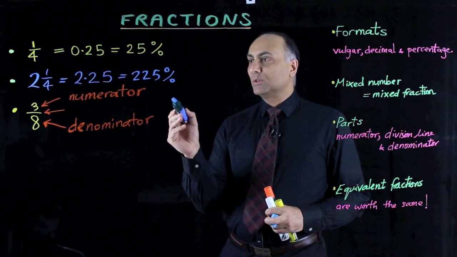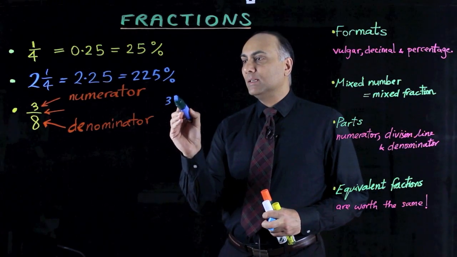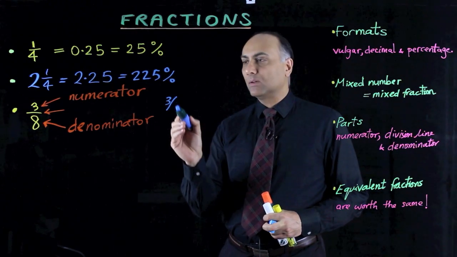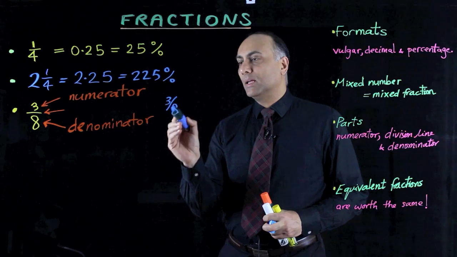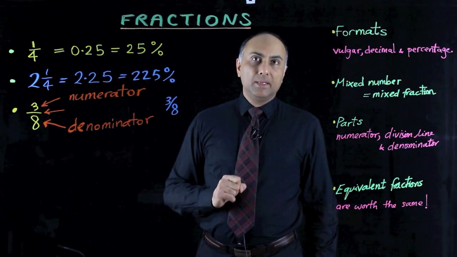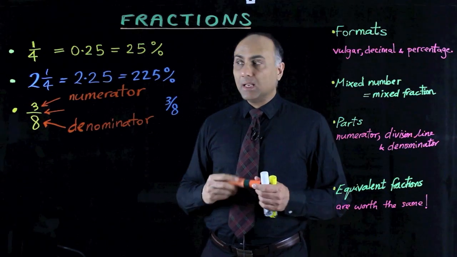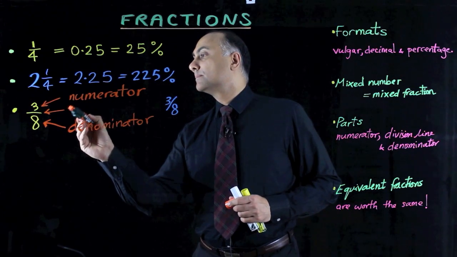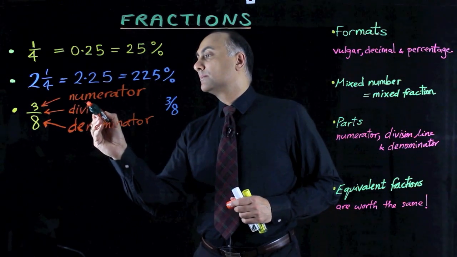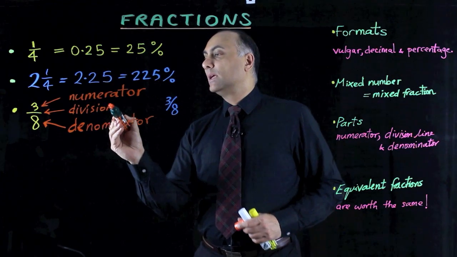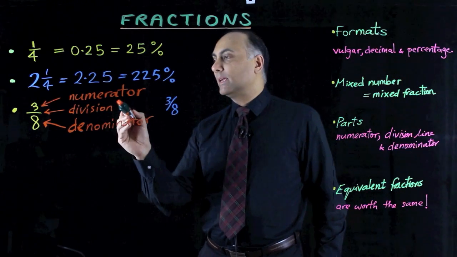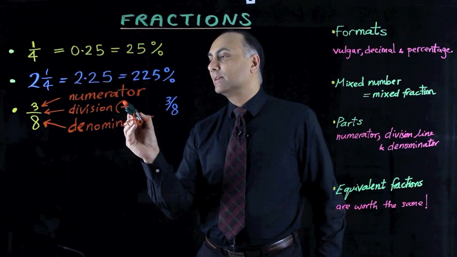So the same fraction could actually be written as 3 and then a diagonal line that way, 8. That line has a name, and that is called a division line, and it means exactly the same thing as a division sign.